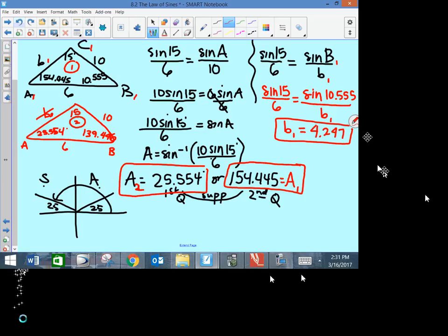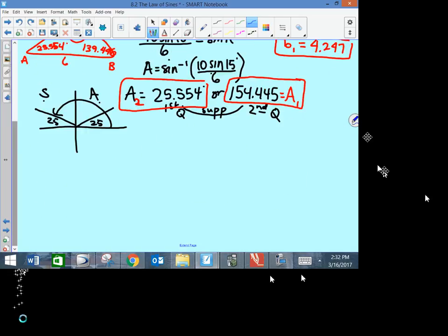Now we got, oops, that's B1. Sorry. That one's done. All right, this is B2. Ooh, okay, we got A1, A2, B1. Let's see. I need a proportion to find little b2.